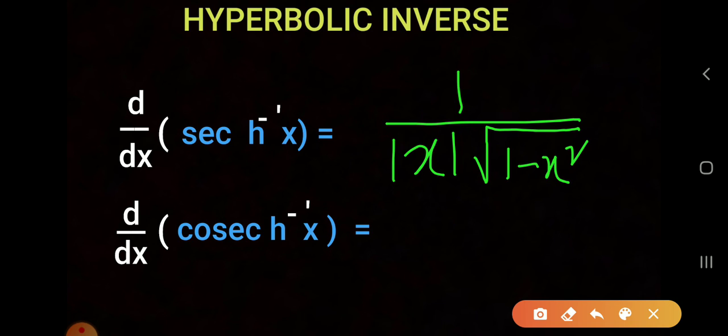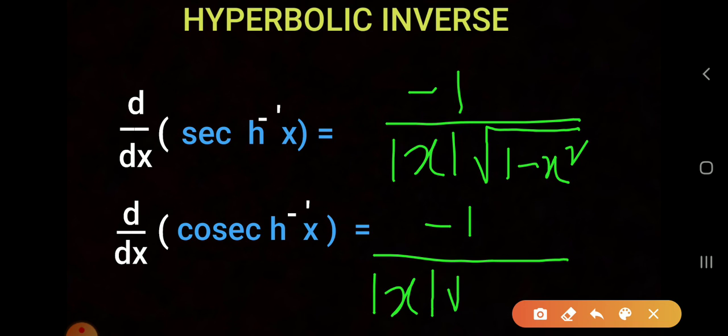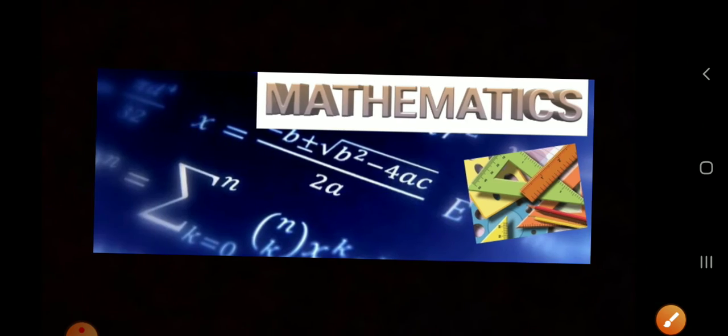But here you should write minus. Again here also, minus 1 upon mod x under root 1 plus x square. So this is the sec hyperbolic inverse x and cosec hyperbolic inverse x.